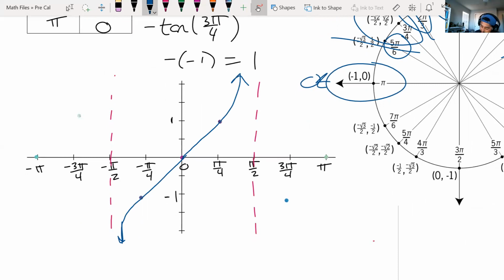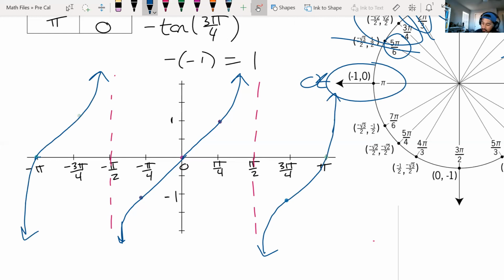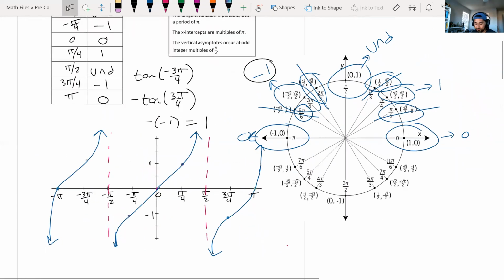And then we can do the same. And there is the graph of tangent.